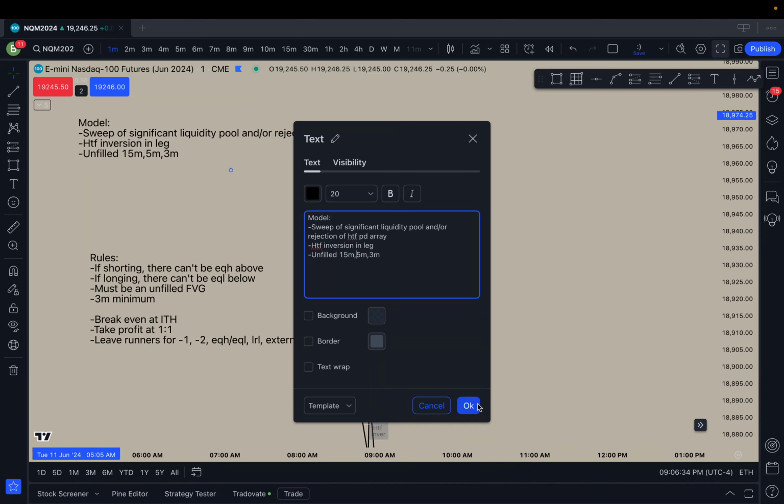But you'll often see you'll get the best risk and take trades most of the time with an unfilled 15 minute, because that's the best risk. You're not going to get that good of a risk with a 3 minute or a 5 minute. It's usually going to be 1-to-1. With unfilled 15 minutes and hourlies, you're going to have a much higher risk to reward and a much better trade.